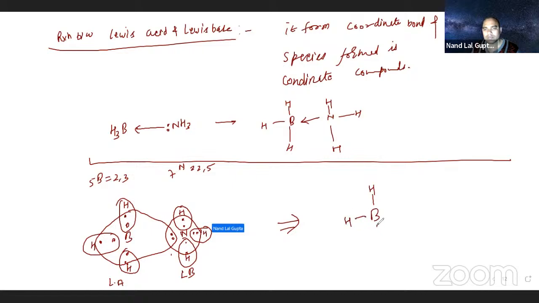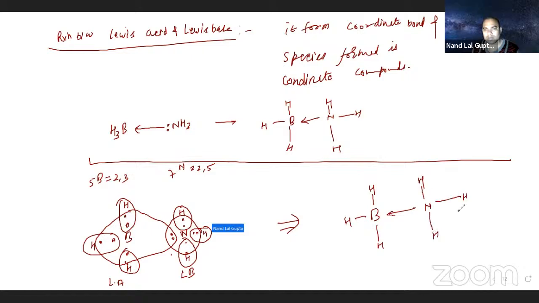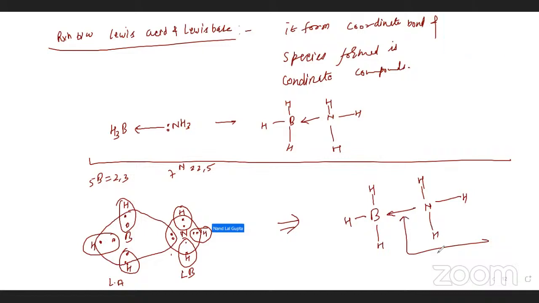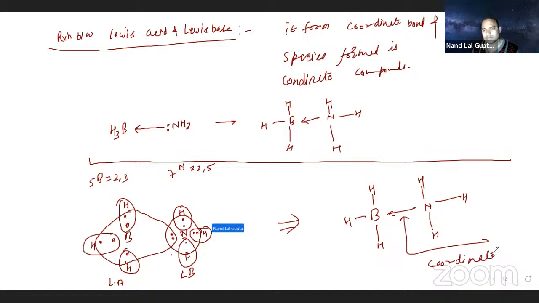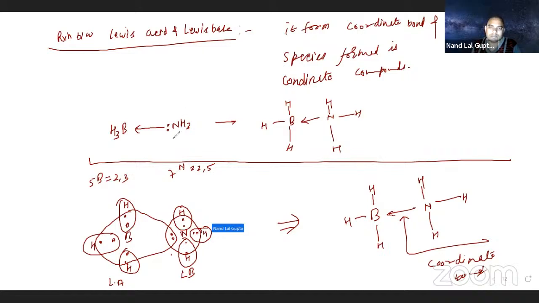Here is hydrogen, nitrogen, hydrogen, hydrogen, hydrogen. This is the coordinate bond. So when a Lewis acid and Lewis base react, they form a coordinate bond. So this is our required answer.